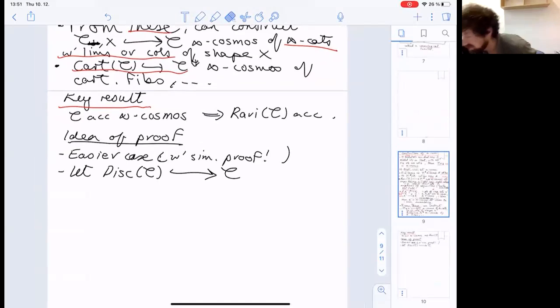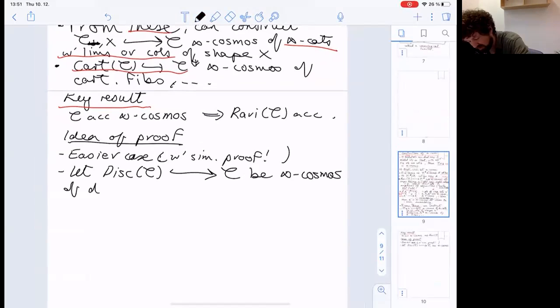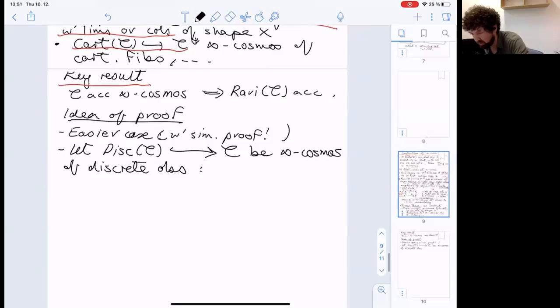Think about this proof. So consider the sub-infinity cosmos of discrete objects. Also, it confuses me about whether they're discrete or groupoidal. So for, well, let me just stick with discrete objects. So what does this mean? So I understand, I think, where the term comes from.